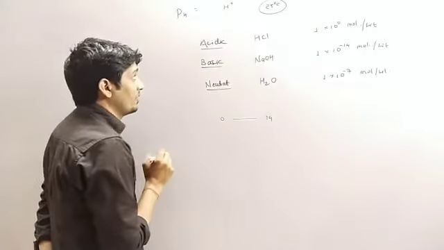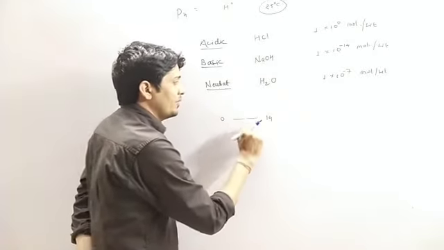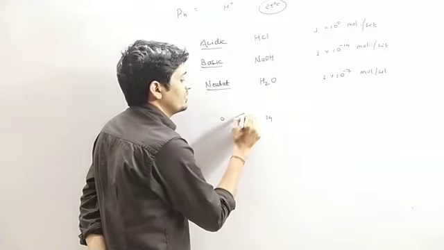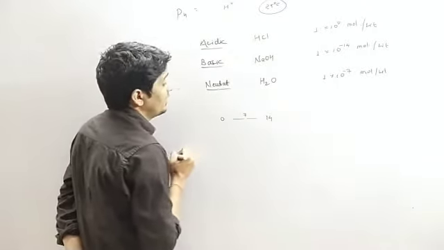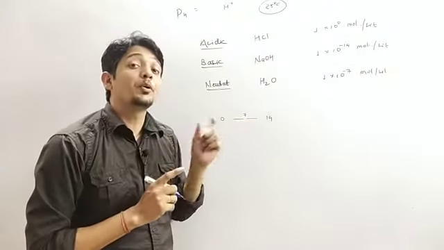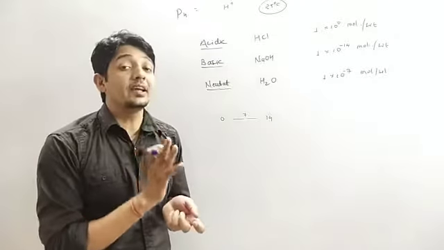We represent this pH scale as 0 to 14, and in between we have the neutral substance water, so the pH is 7. That means it is pure water, which must not contain any impurity.